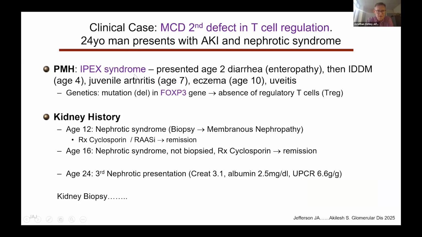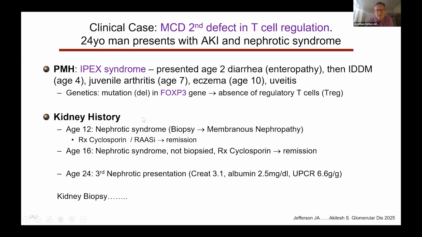He has a condition called IPEX syndrome, where he developed multiple autoimmune diseases from a young age. Genetic testing subsequently identified a mutation in the promoter of the FOXP3 gene, and this leads to an absence of regulatory T cells. So he had a breakdown in peripheral tolerance with increased T cell activity.